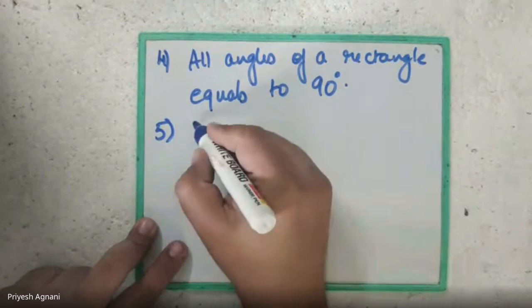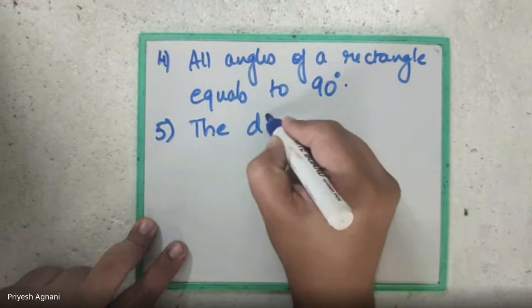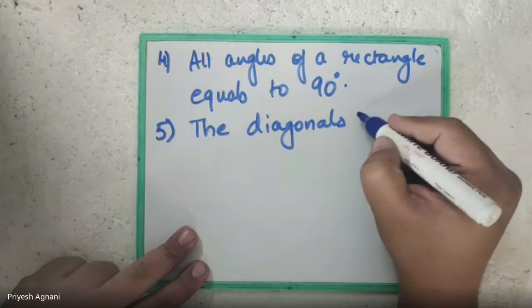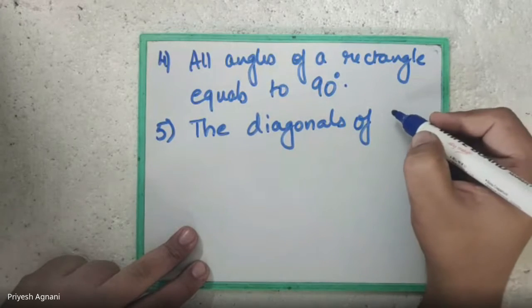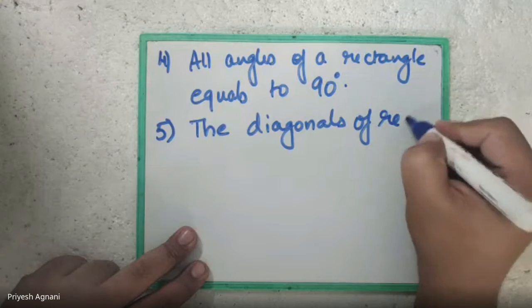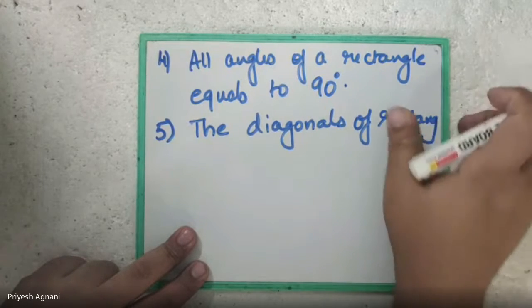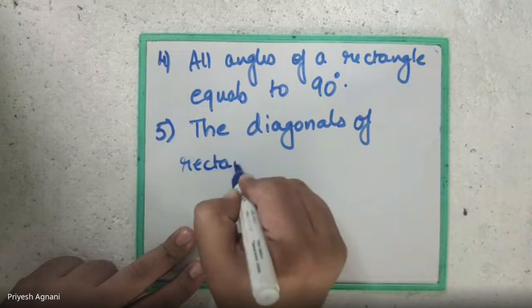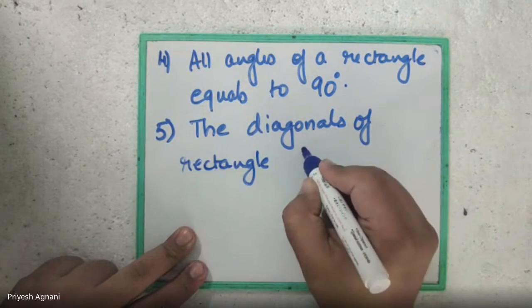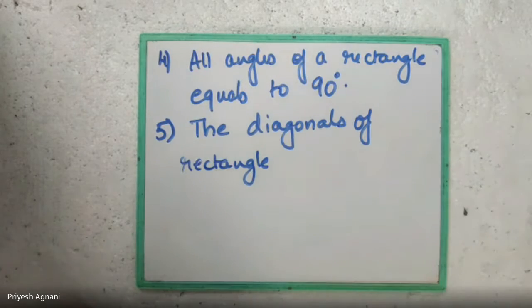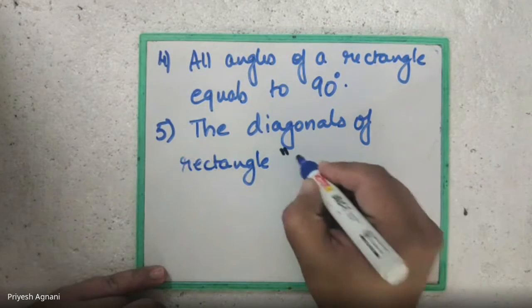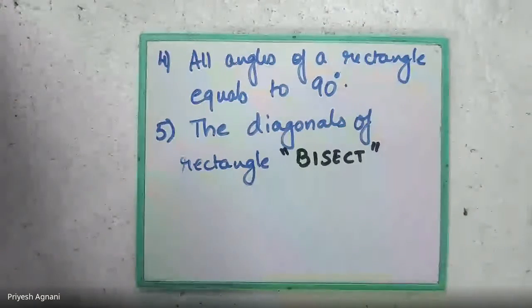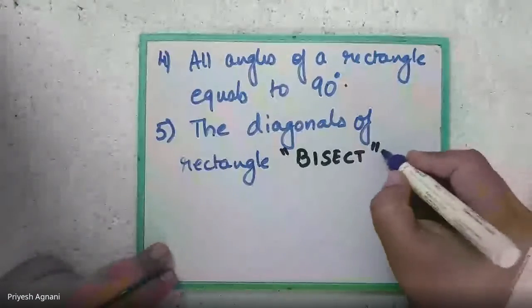Number five, the diagonals of rectangle bisect each other. I'm writing with the black marker so you understand.